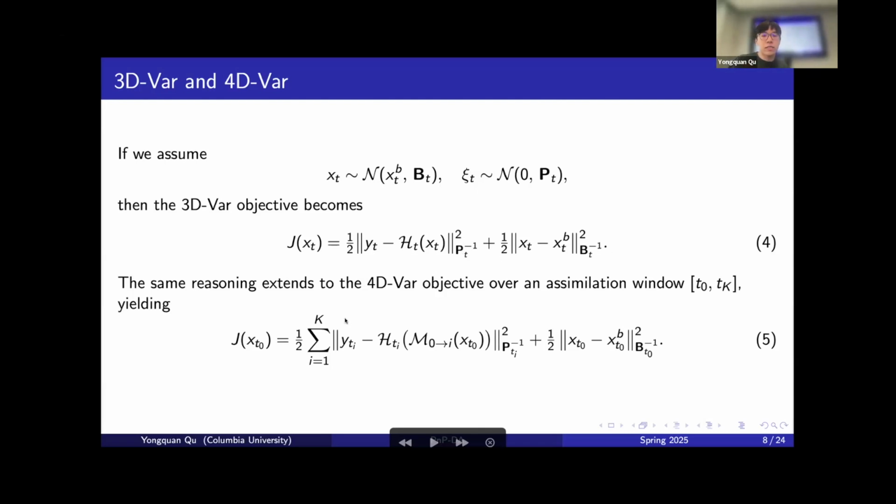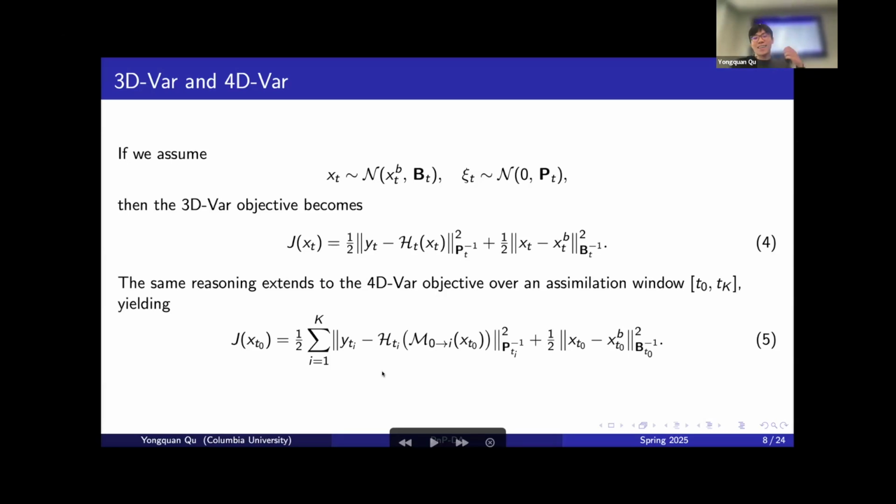The same reasoning extends to the 4D variational objective over an assimilation window, but it only modifies the F term, the data fidelity term. In this research, we focus on the R term because the Gaussian assumption on background error is a very arbitrary assumption.